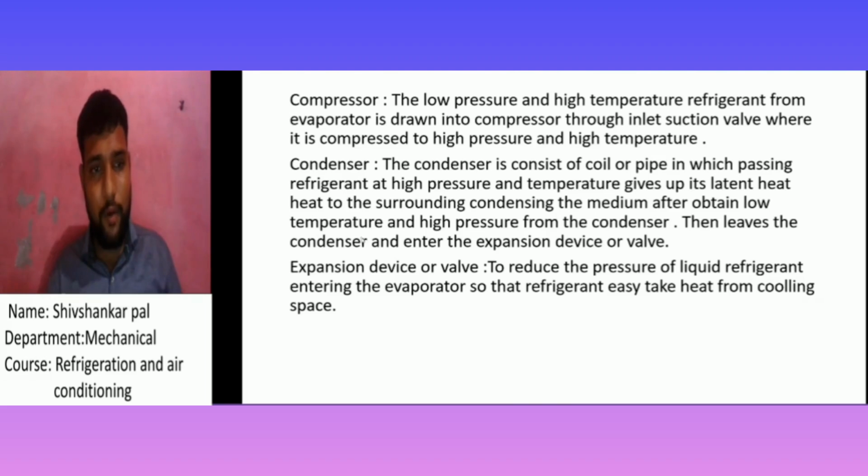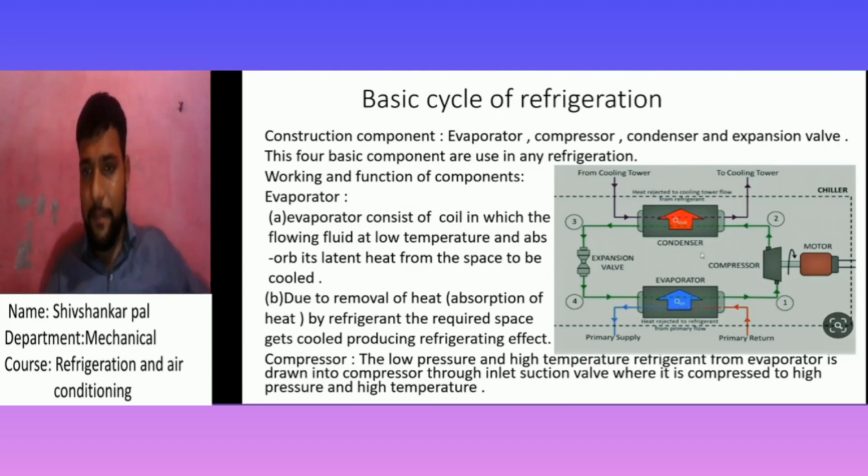After obtaining low temperature and high pressure from the condenser, it leaves the condenser and enters the expansion valve. Here only the temperature of the refrigerant from the compressor is decreased.